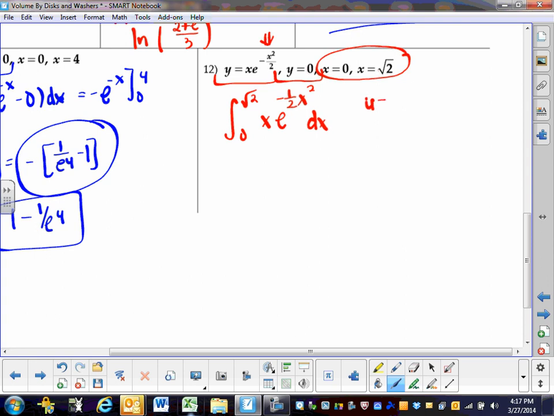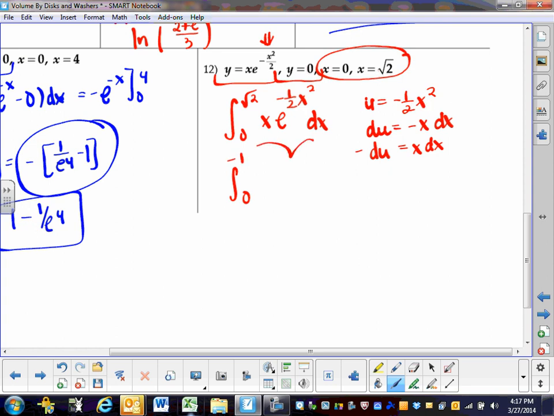That makes the u equal to negative 1/2 x squared. So du is negative x dx. So negative du is x dx. So if I substitute the x values into the u, 0 still comes out as 0. Root 2, however, gets squared to become 2, but negative 1/2 of 2 is negative 1.